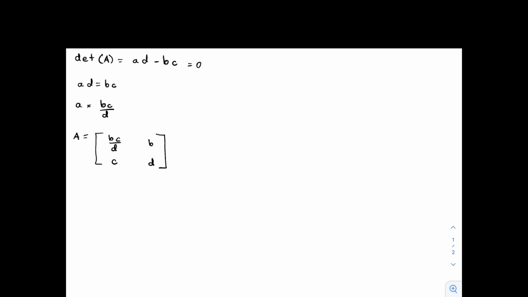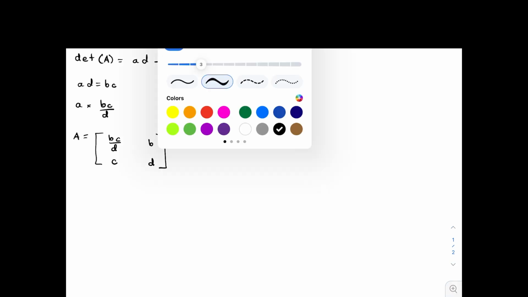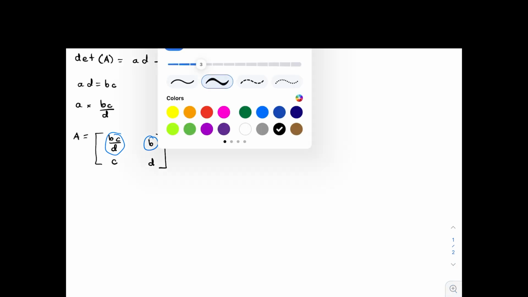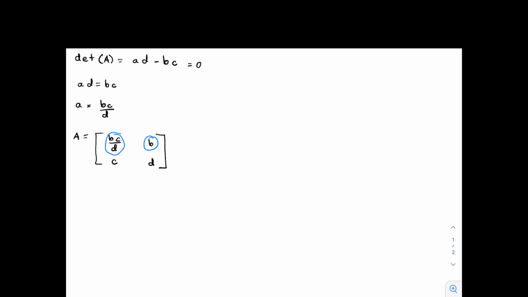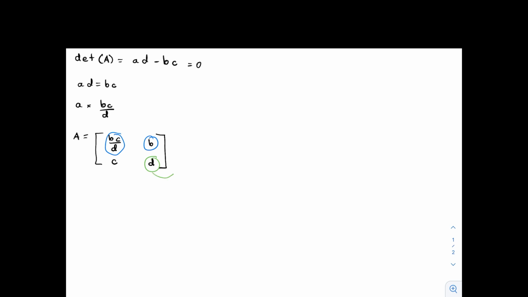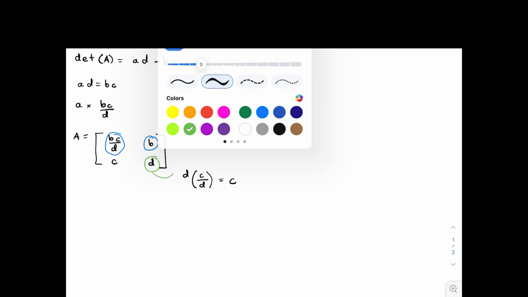But notice how this BC over D term is this B term multiplied essentially by the coefficient C over D. So taking this D term and multiplying it by C over D, we get D times C over D. And the D's will cancel out, leaving us with the variable C, and that's this C right here.